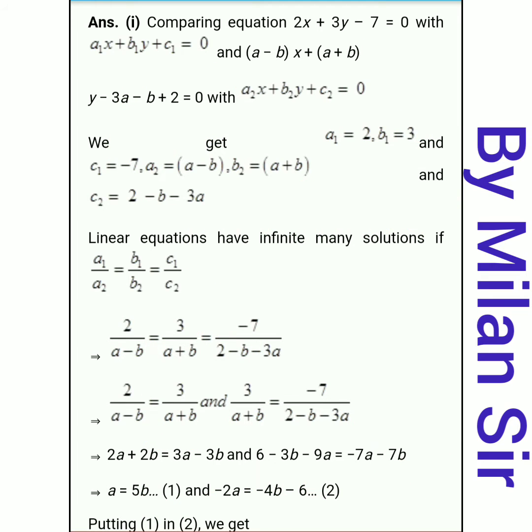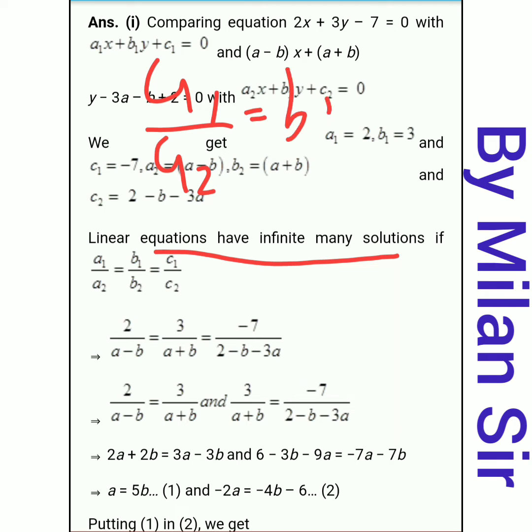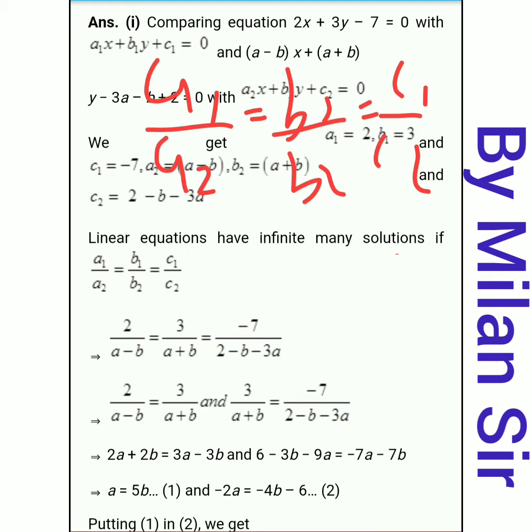Now these linear equations have infinitely many solutions, so we can write a1 upon a2 is equal to b1 upon b2 is equal to c1 upon c2. Now put the values of a1, a2, b1, b2 and c1, c2 here. Again, we can use this condition because the question says these linear equations have infinitely many solutions.